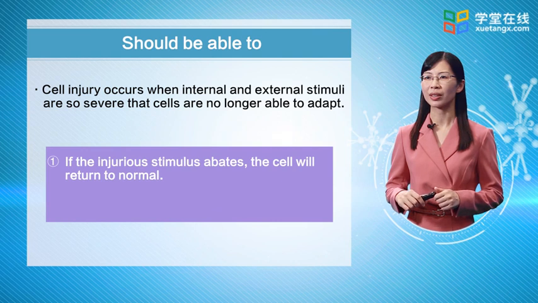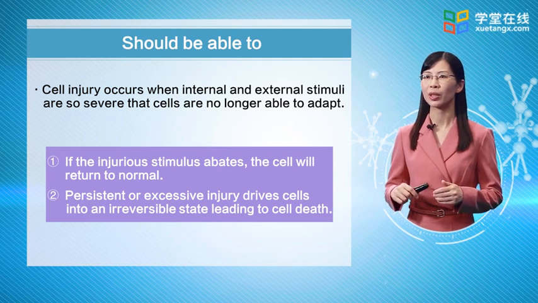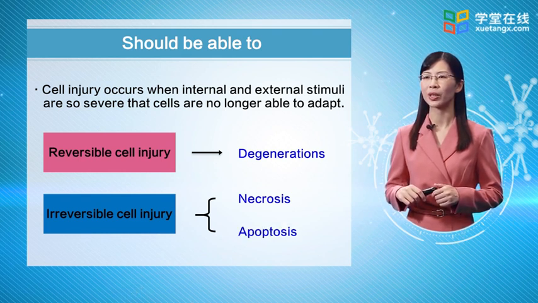If the injurious stimulus abates, the cell will return to normal. Persistent or excessive injury drives cells into an irreversible state, leading to cell death. Necrosis and apoptosis are two usual pathways of cell death.